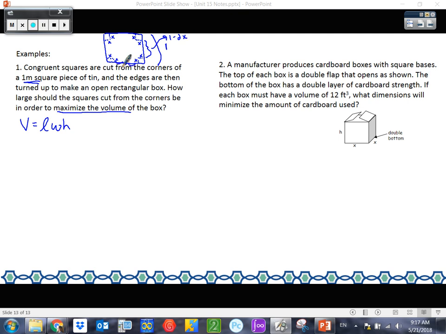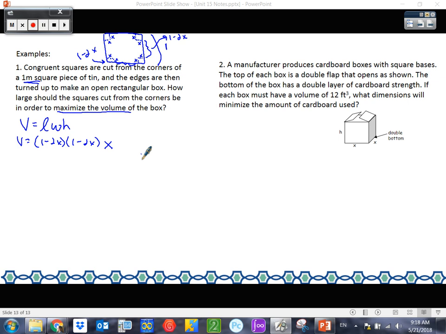Likewise, we look at this as the width. This also, it's a square, so this is 1 minus 2x. Okay, so let's fill in our equation. Our length is 1 minus 2x, our width is 1 minus 2x, and our height, once we turn these edges up, you see our height is going to be x. Okay, so this is the equation that we're going to be dealing with.